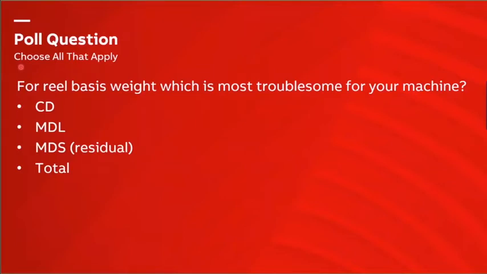So all we're looking for here, for basis weight, which is dry weight, is for your particular machine, or you can pick a machine that you work with frequently, where the issues typically lie. 30 seconds.